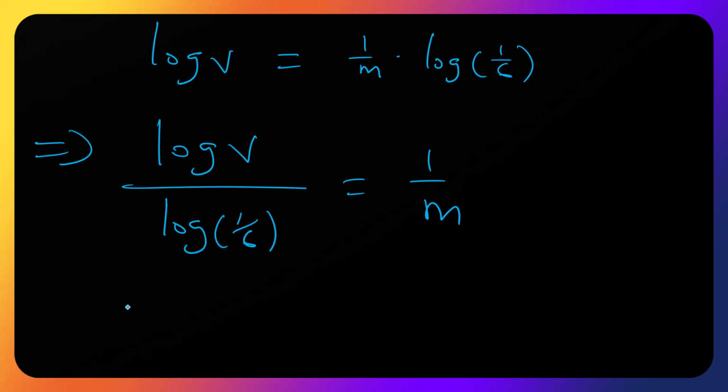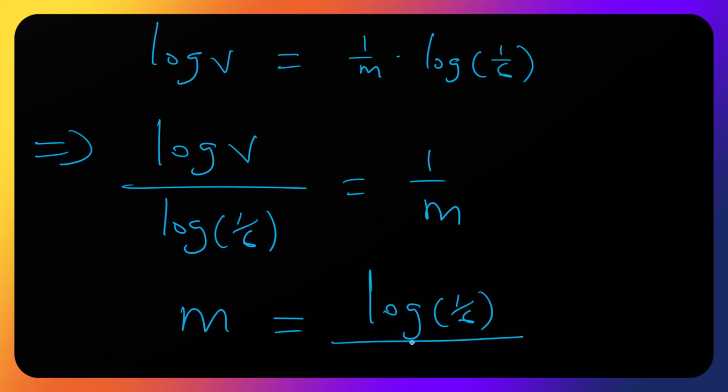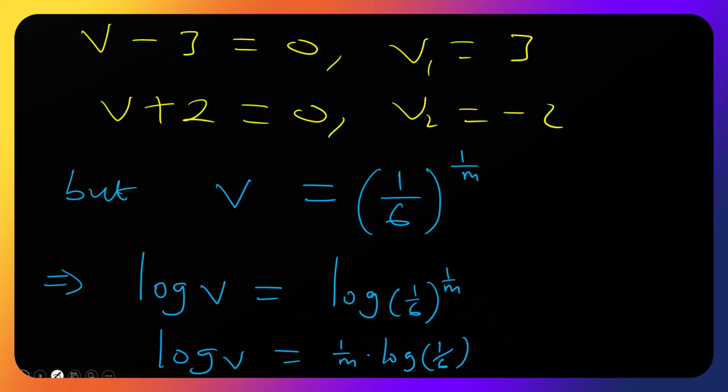So my m here will be log 6 over log v. Now, since we can't take log of a negative number here, we omit this one. So we proceed with the 3.